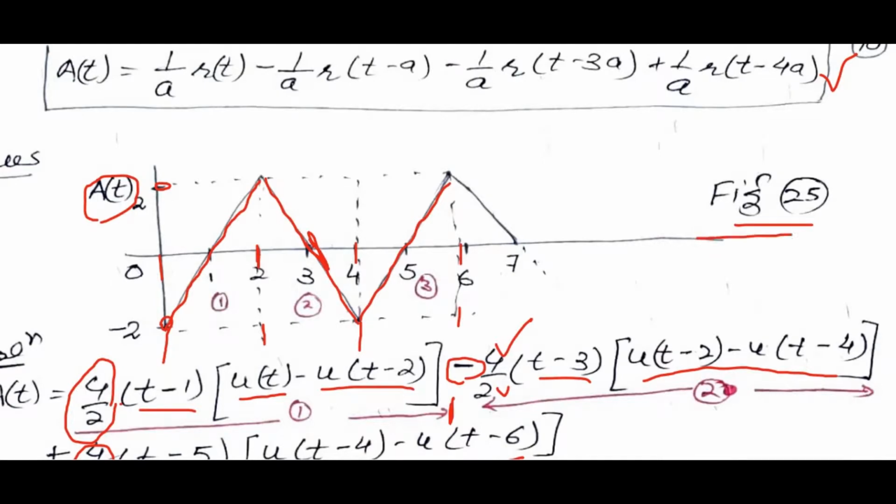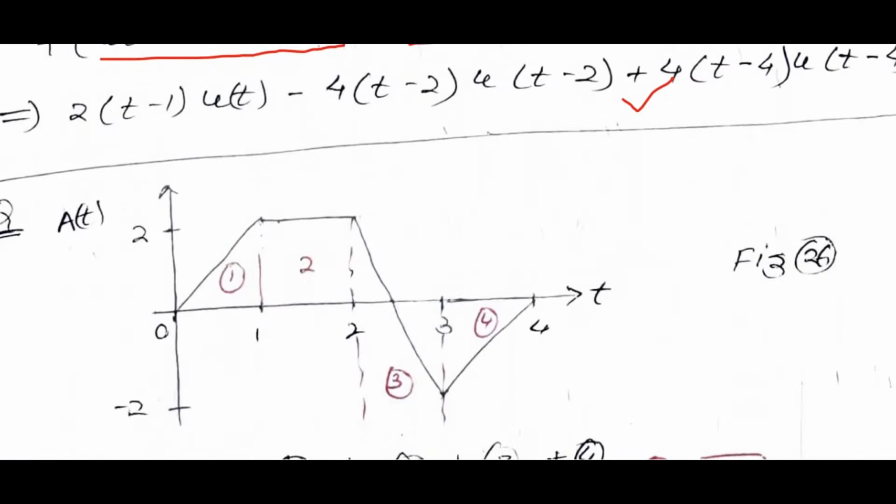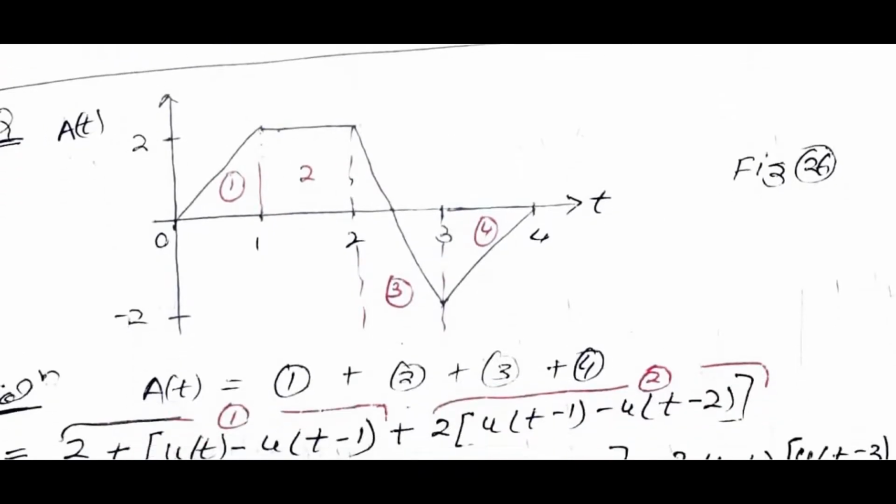Let us solve another problem. So this is the question, figure number 26. You can see this figure and you will see that the function a of t has these four separate parts.